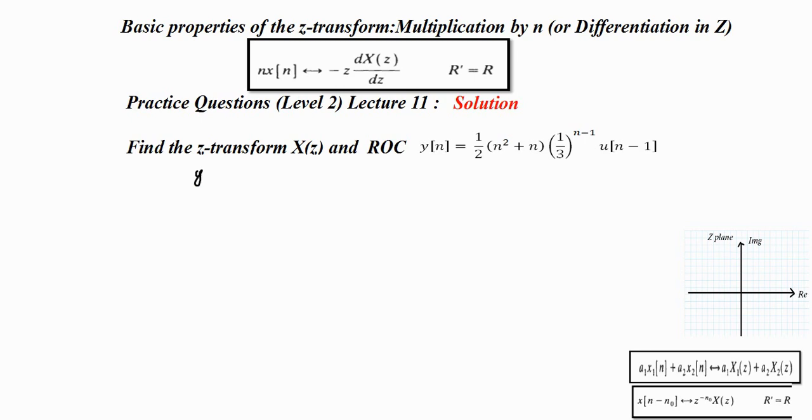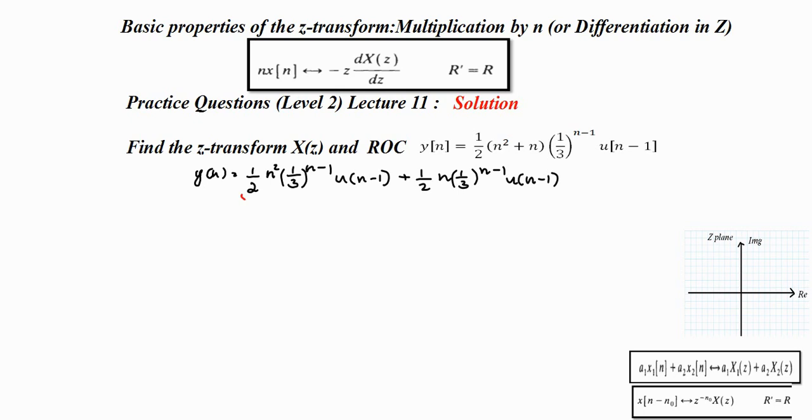Then you can write y of n is equal to, I can split this: 1 by 2 n square 1 by 3 the whole raised to n minus 1 u of n minus 1, plus 1 by 2 n 1 by 3 the whole raised to n minus 1 into u of n minus 1. Okay, now we can see that here there are two signals.